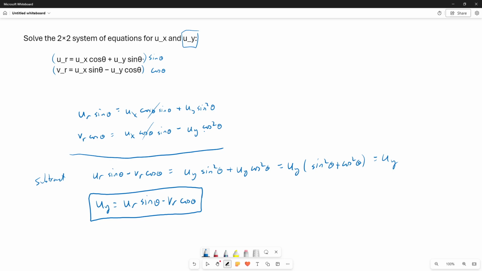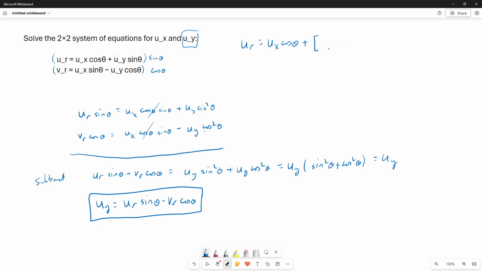So if we just take the top equation, say, and we substitute u sub y in here, then we should be able to solve for u sub x. So let's just do that here. U sub r equals u sub x cosine theta plus u sub y sine theta. And u sub y is in the box here.